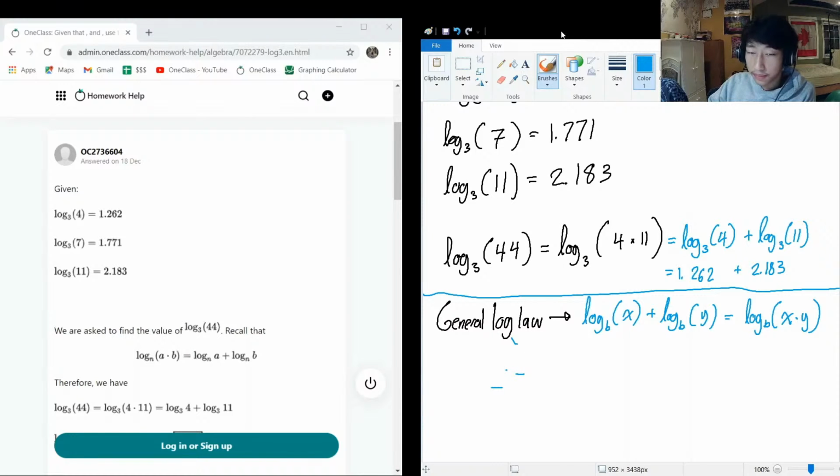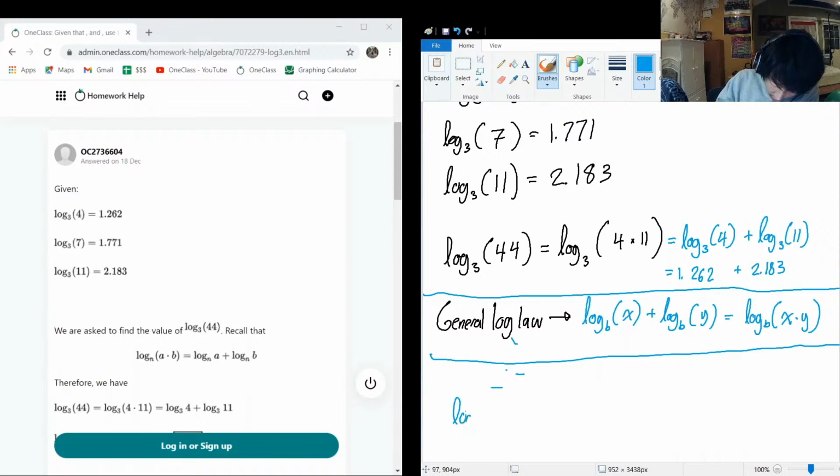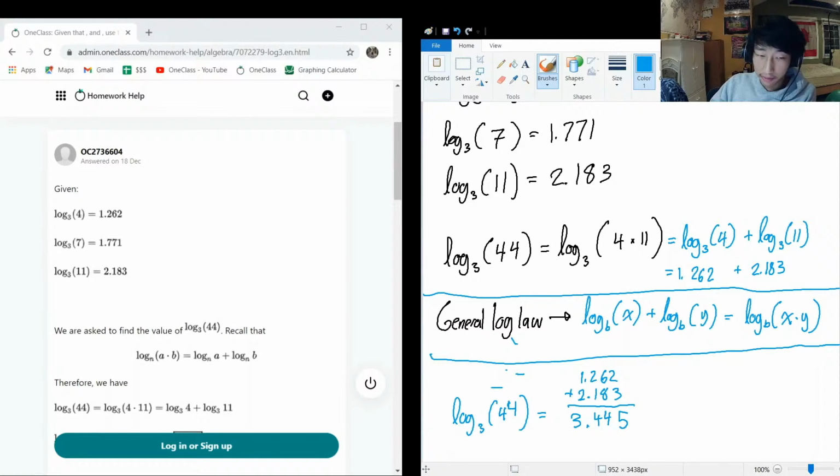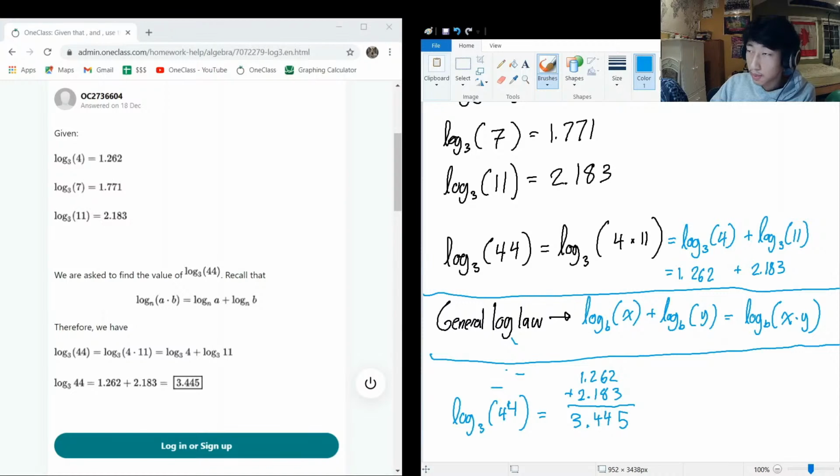So what we have here is log base 3 of 44 is going to be the result of the addition of 1.262 plus 2.183. Okay, so 2 plus 3 is 5. 6 plus 8 is 14, carry the 1, we'll have 4. And then no carries, so that's going to be 3. So 3.445. That's going to be the result, and that's precisely what we have calculated here.